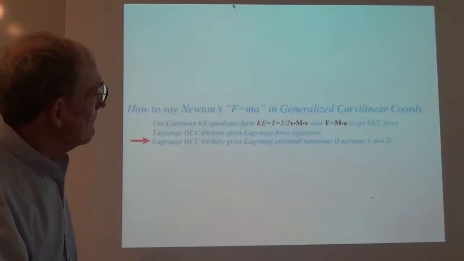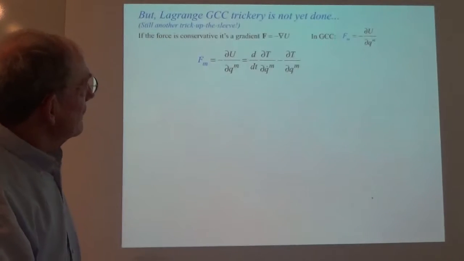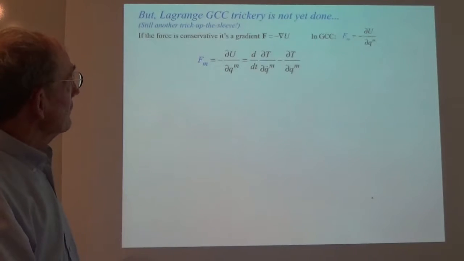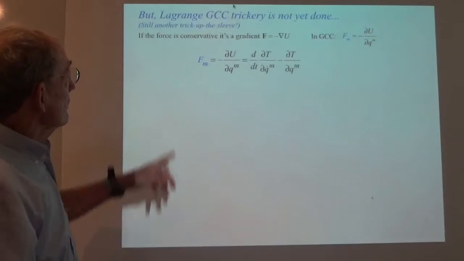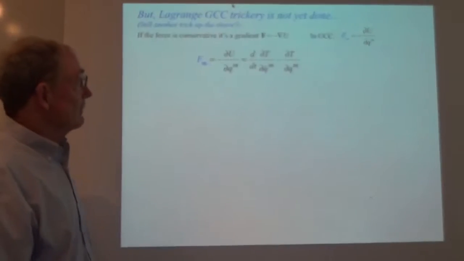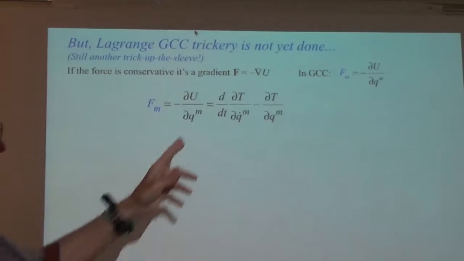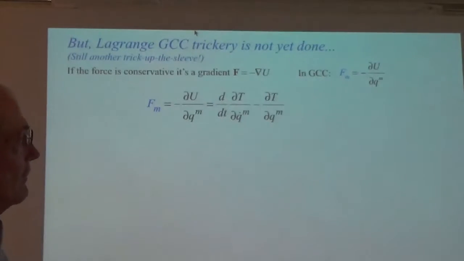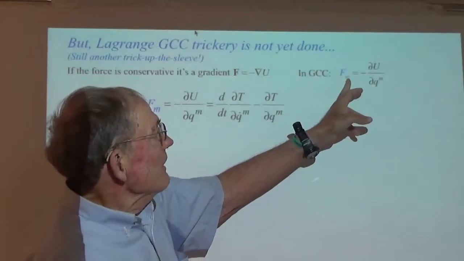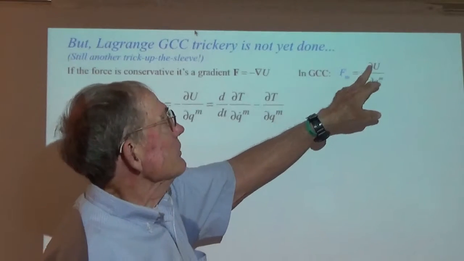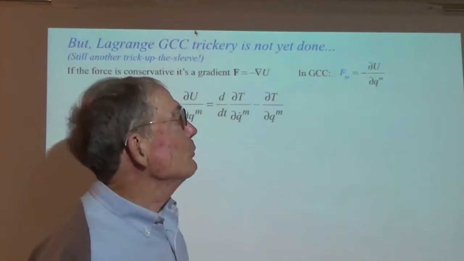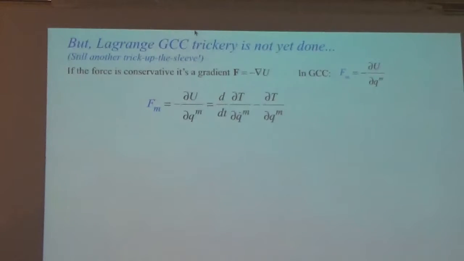So here's where we get Lagrange 1 and 2, as we say. It's still another trick up the sleeve, but you already know this one. It's the physicist's gradient, F equals minus the gradient. That is, the Cartesian F sub m is equal to minus partial u with respect to q m. So right now I want to get that F m in terms of the generalized q coordinates.